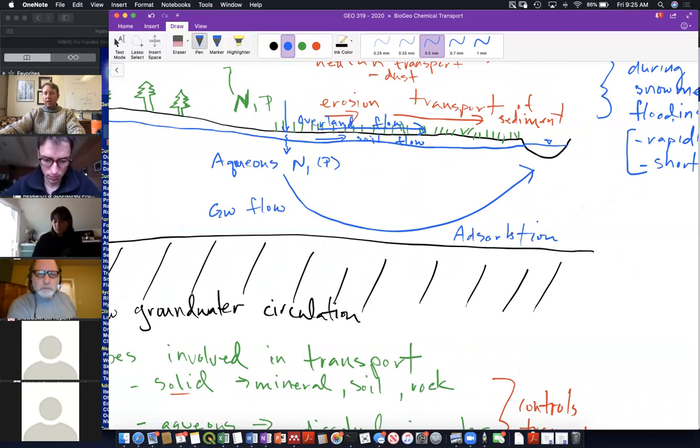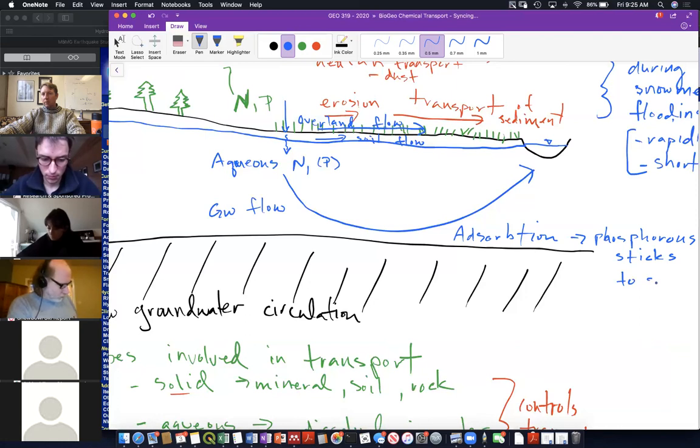And this means things like phosphorus sticks to sediment or soil. So adsorption is a pretty important process for transport.